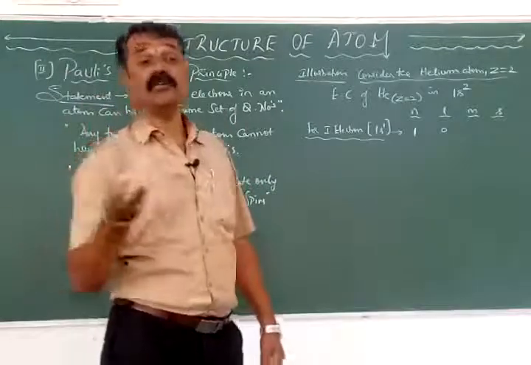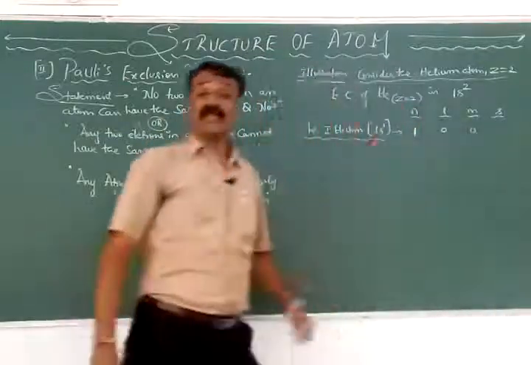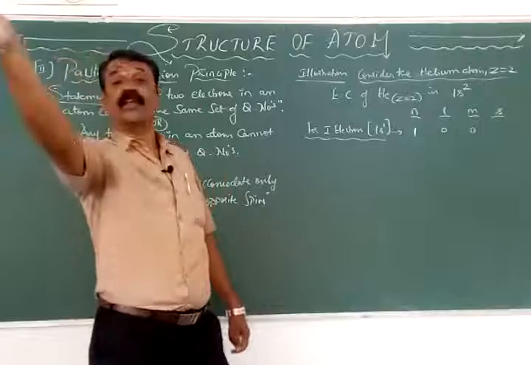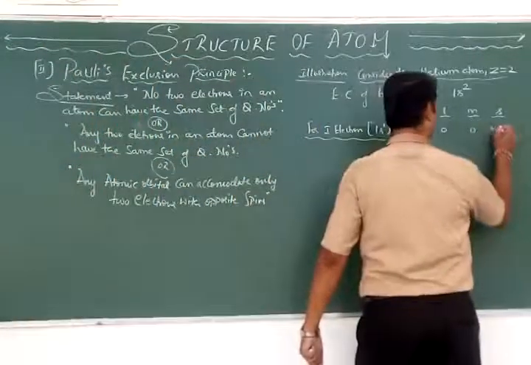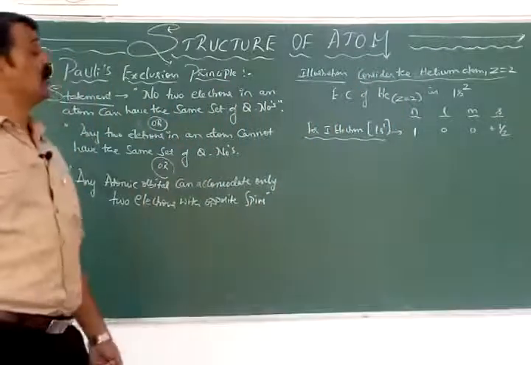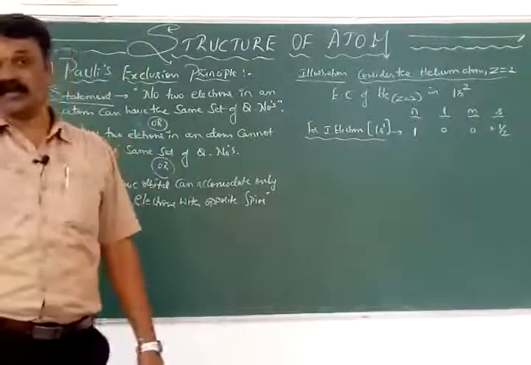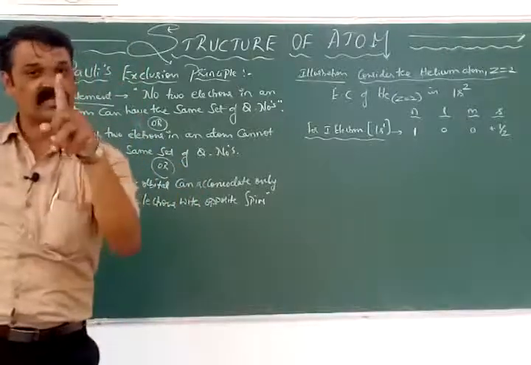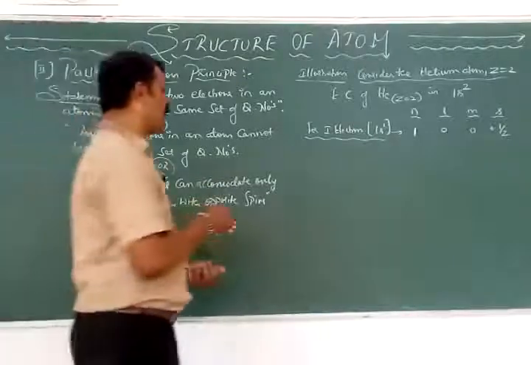Minus 0 to plus 0 is nothing but 0, so m is also 0. As it is the first electron, we usually take the direction as clockwise, which is plus half. So 1, 0, 0, plus half is the set of 4 quantum numbers for the first electron in the helium atom. Let us take the second one.